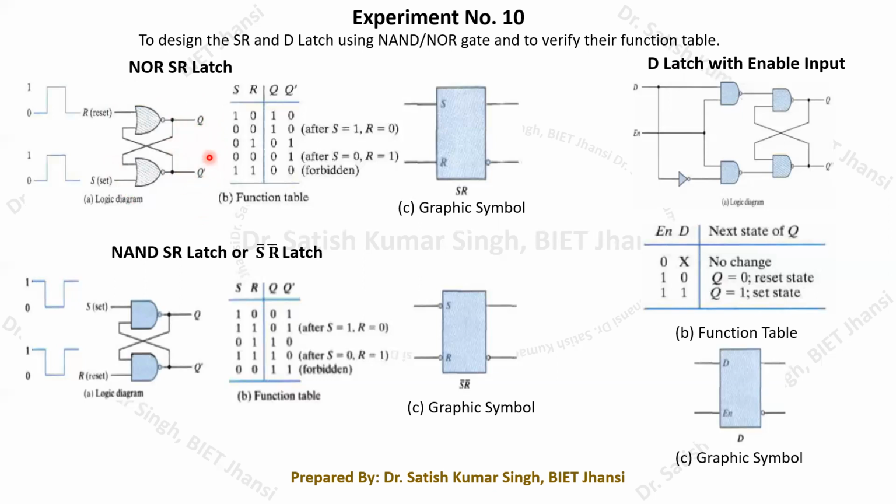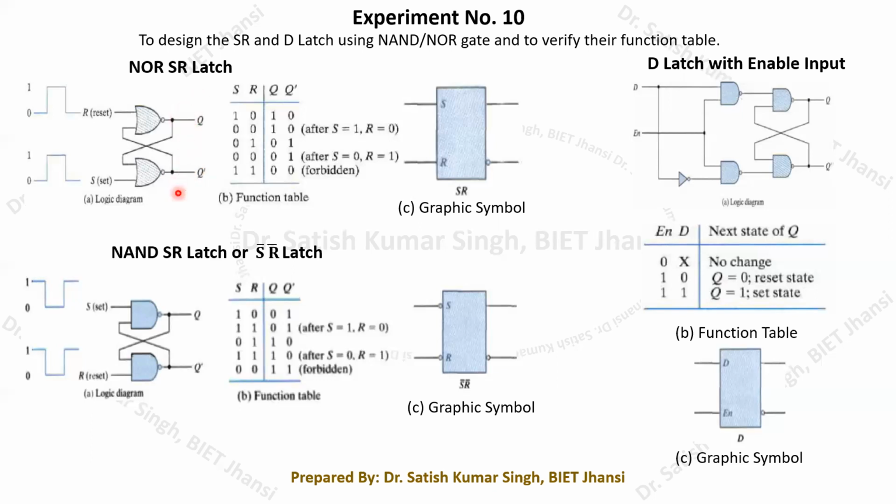But whenever you make a circuit, remember that either of them can be regarded as Q and the other must be regarded as Q bar. You can make this pin Q and that pin Q bar, so you can designate either pin as Q and Q bar.